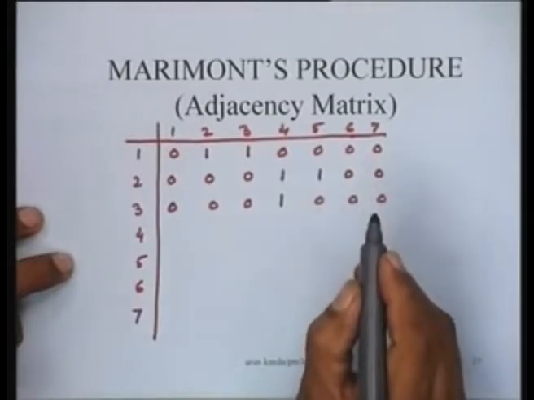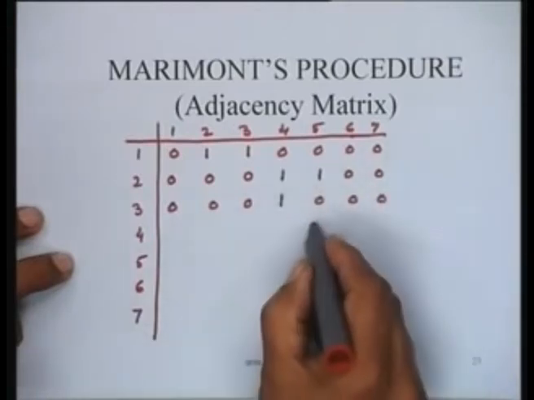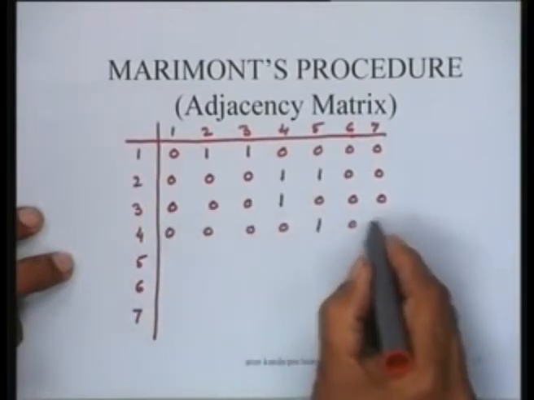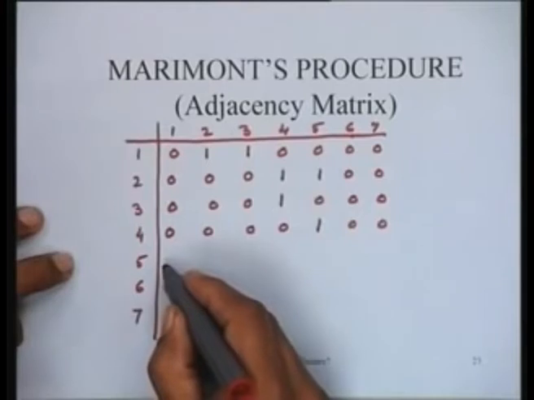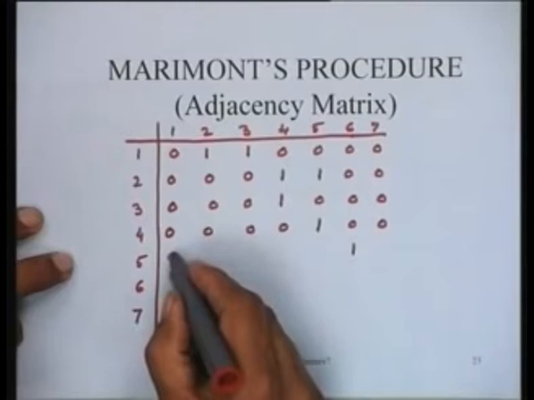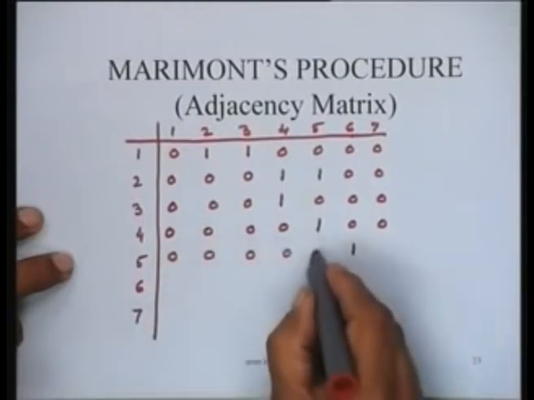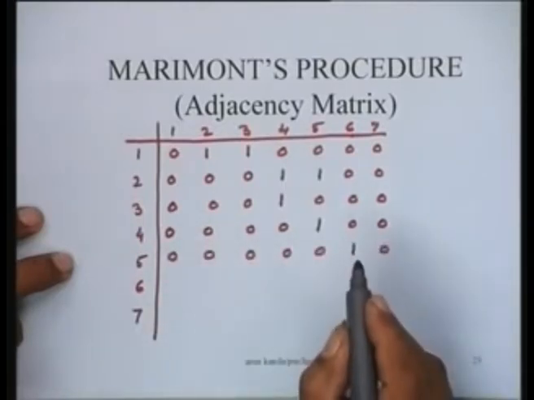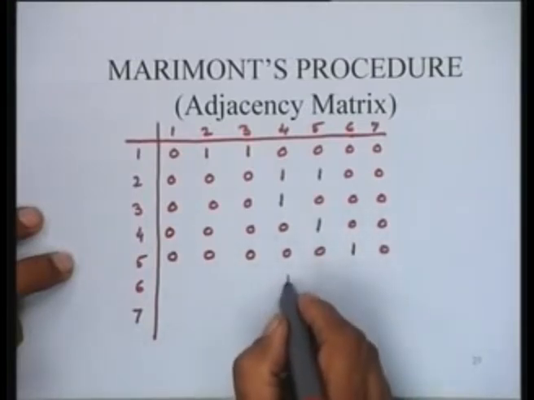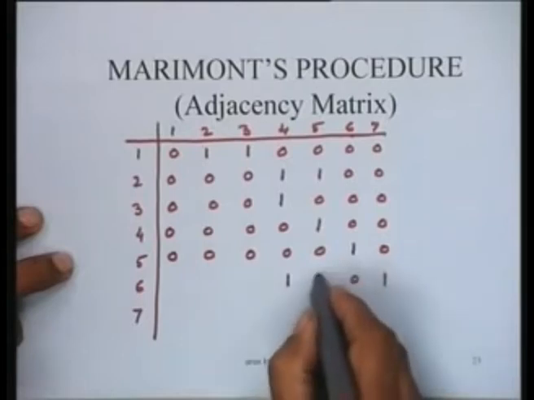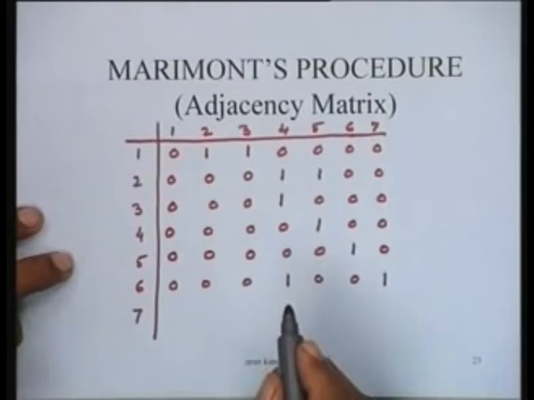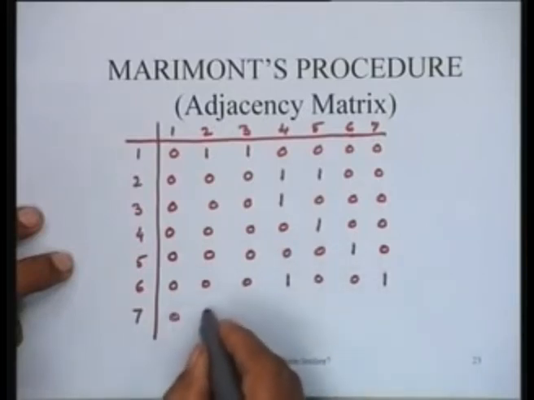From node 4 there was 1 arc to 5, from node 5 there was 1 arc to 6, that was all. From node 6 there were 2 arcs to 4 and 7. And from node 7 there was no arc.